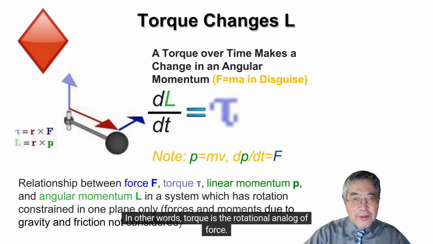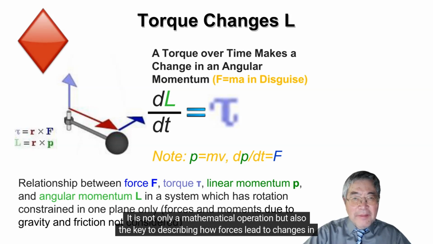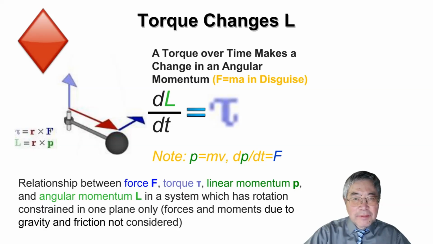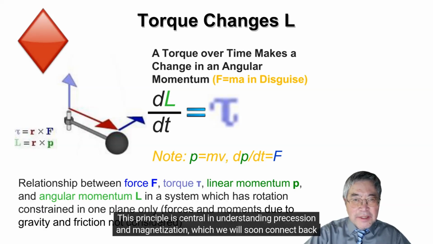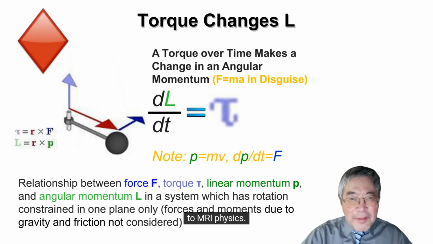In other words, torque is the rotational analog of force. This connection shows why the cross product is essential. It is not only a mathematical operation, but also the key to describing how forces lead to changes in rotation. This principle is central in understanding precession and magnetization, which we will soon connect back to MRI physics.